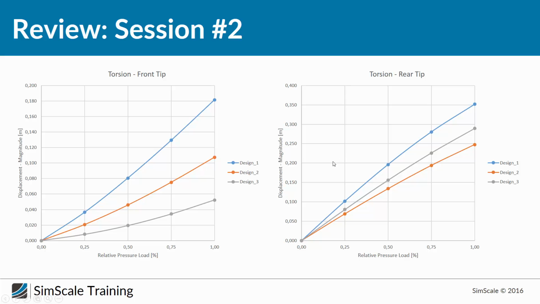That is not really true, because what you should not forget in the end is that even with a small displacement here, I'm changing the whole reference of the wing. And the last thing we could optimize by adapting the fillets, for example, would be to put the torsion rear tip displacement magnitude for design 2 lower by modifying the fillets.